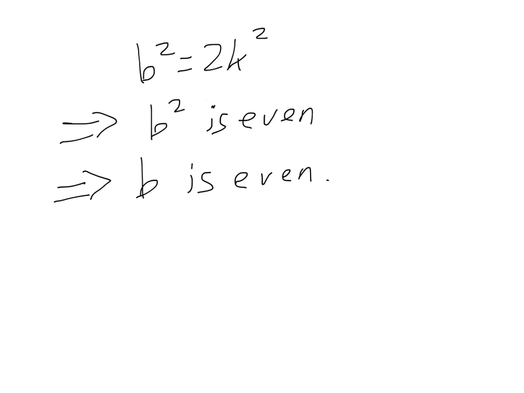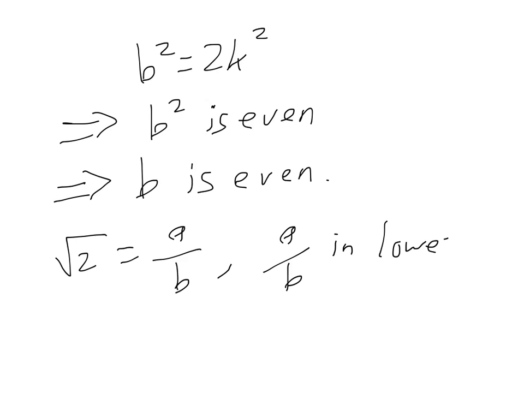So to recap, we know that the square root of 2 is equal to a over b, and we also know that a over b is in lowest terms. However, if this is all the case, we've shown that it follows that both a and b are even.